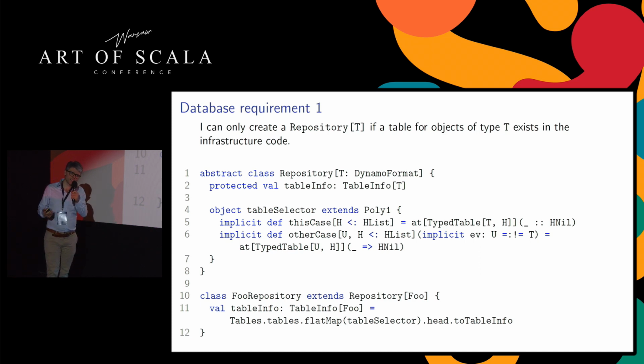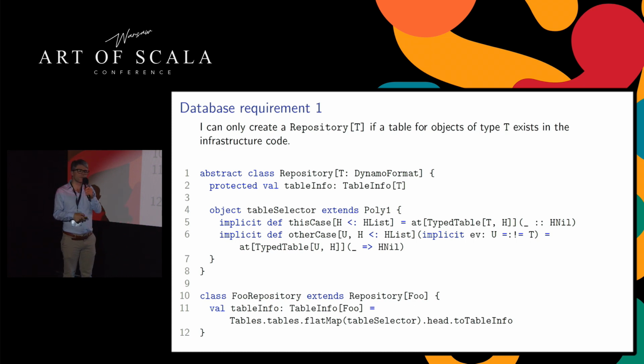Well, because it's a heterogeneous list, it's a list with things of different types, I have to do a little magic to actually select the right thing. So that's what this object is for. But the thing is, it is impossible to create this value without referencing the tables list that I had defined before.